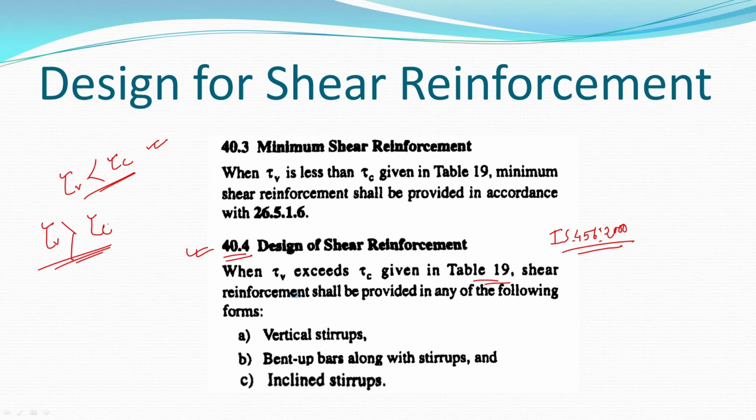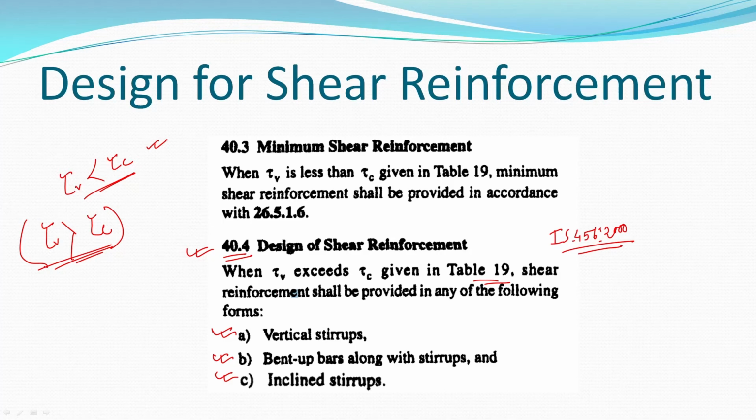So if this condition occurs, we need to provide the shear reinforcement in any of these three forms. The first one is vertical stirrups, the second one is bent up bars along with stirrups, and the third one is inclined stirrups. So by any of these three forms we need to provide the shear reinforcement.